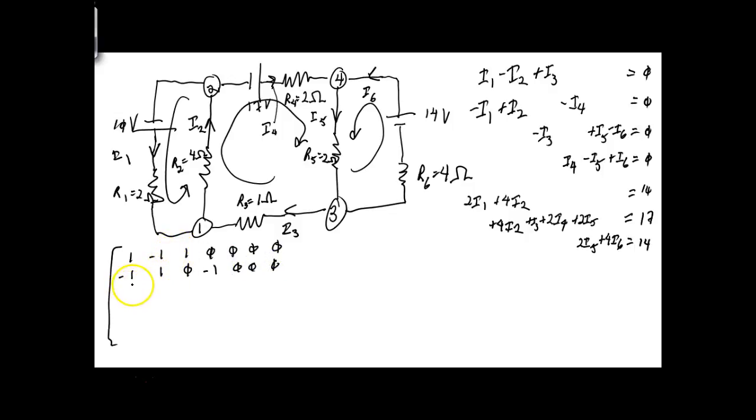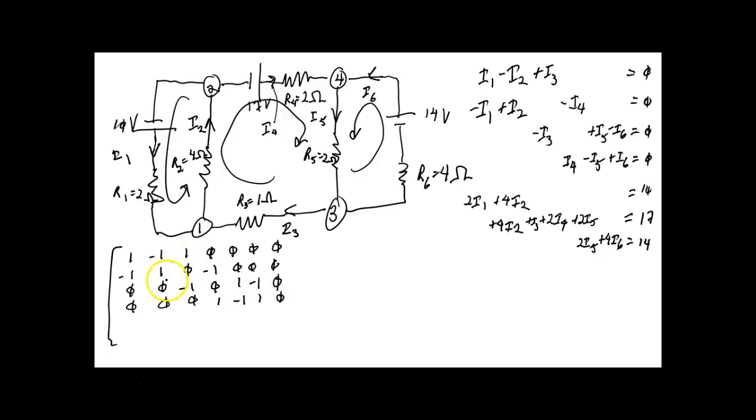Third one's going to be a 0, 0, negative 1, 0, 1. No, negative 1, isn't it? And a 0. Okay. Fourth one's going to be, help me, 0, 0, 0, 1, negative 1, 1, and a 0.